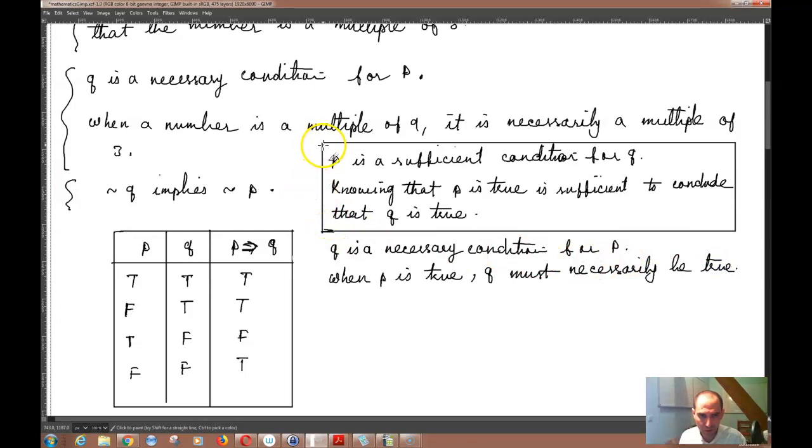Right? That's the meaning of these two things over here.